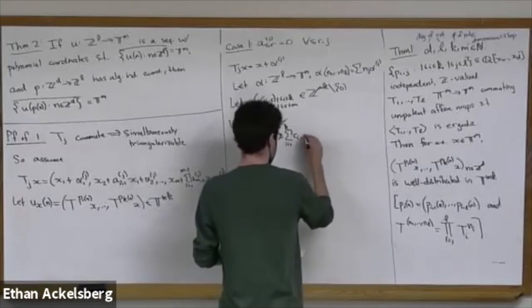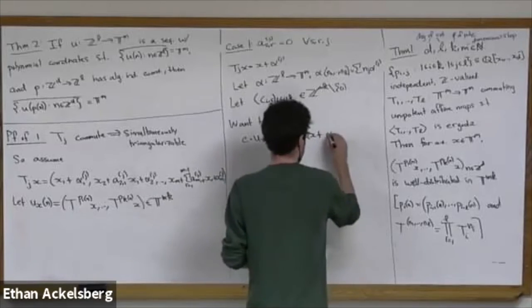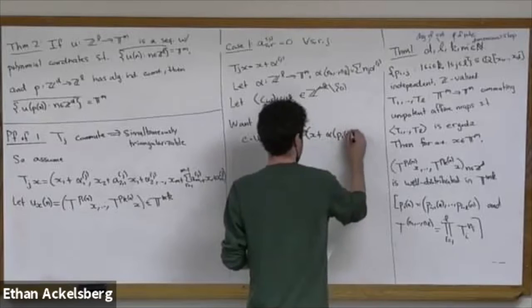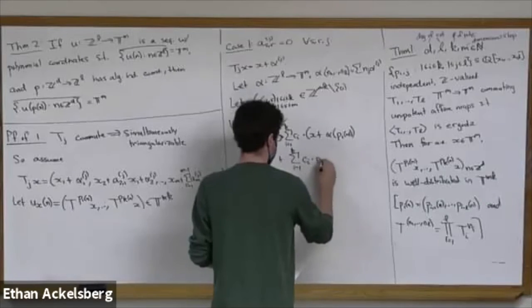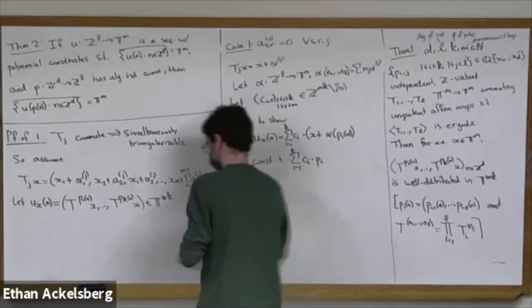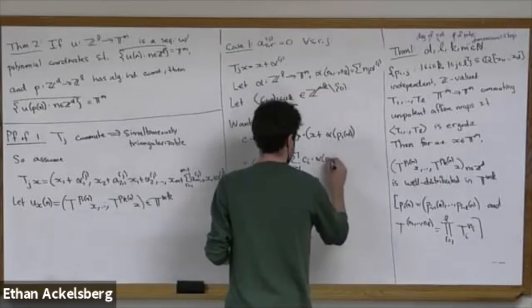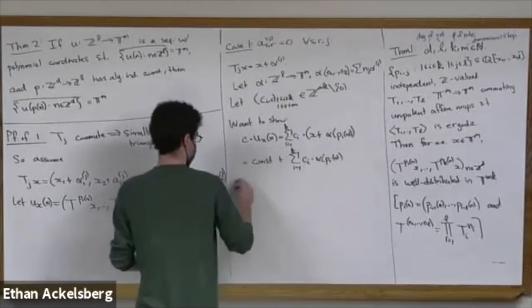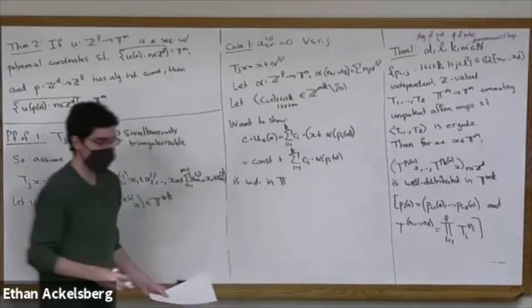This is c_i dotted with x plus alpha of n, which is a constant, plus a sum of c_i dotted with alpha of n. I want to show that this is well distributed in one dimension.